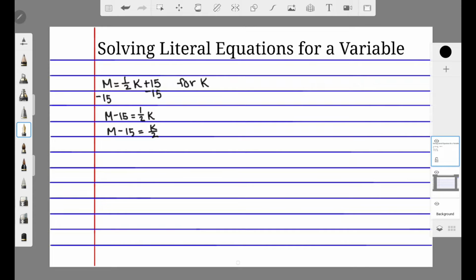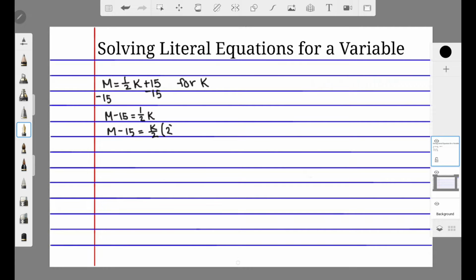Also, it's the same operation because half times k equals 1k over 2, or k over 2. Alright, so now we just need to get rid of the 2.